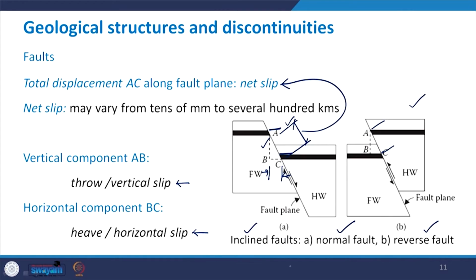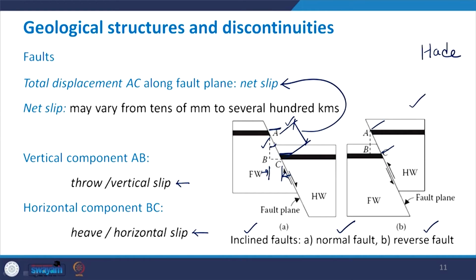Then the angle which is subtended between the fault plane and any vertical plane which is striking in the same direction is called as head of the fault, head. Now, have a look at this figure, this angle BAC.